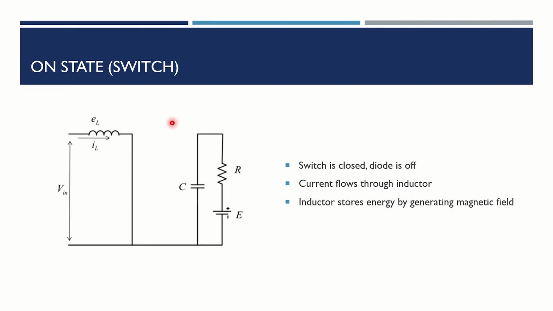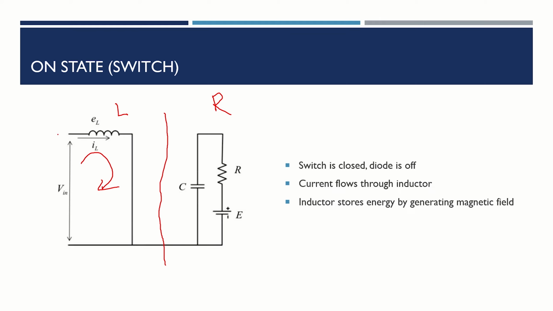Alright, so now we are talking about the operation. So I will separate the circuit into two parts. Here is the left hand side and this is the right hand side. So during on state, the switch is on and the diode is off. So the current from the V source can only flow in a direction clockwise in this part.